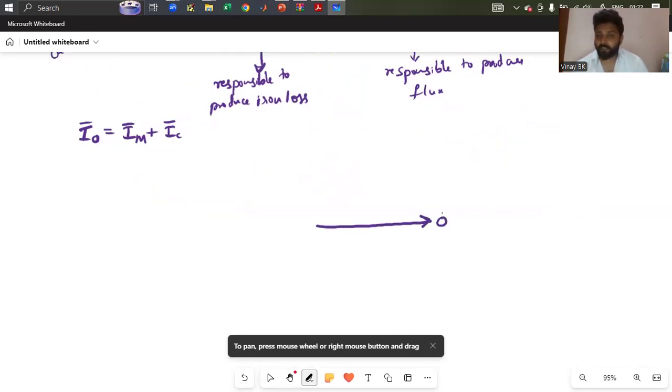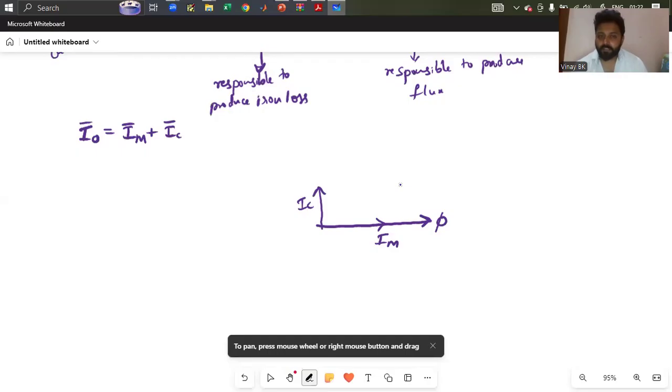The phasor diagram for a practical transformer on no load. Flux is the reference. IM is responsible to produce flux, and IM and the core loss component IC are always in quadrature, which means 90 degrees to each other.